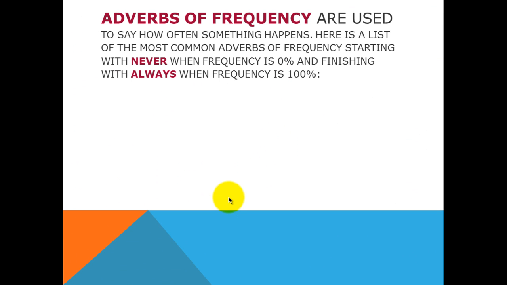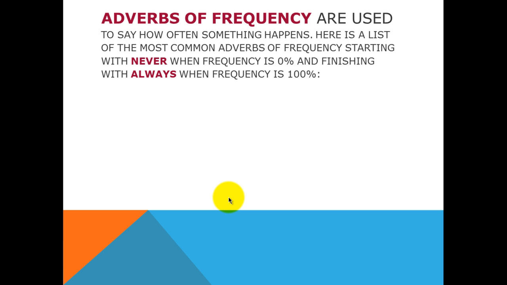Now, let's look at adverbs of frequency. This is how often you do something, alright, with a certain amount of repetition. So, adverbs of frequency are used to say how often something happens.